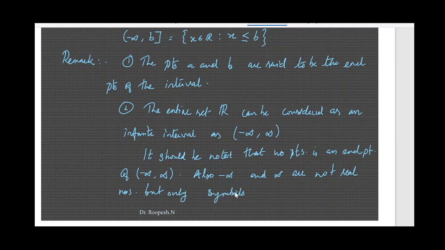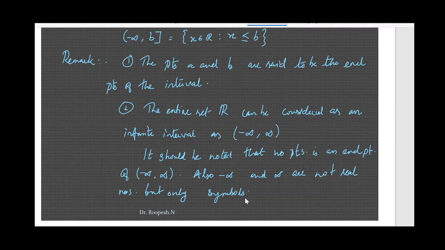So we have defined an interval, and there are five types of intervals. Now we have the remark that the points A and B are said to be the endpoints of the interval.